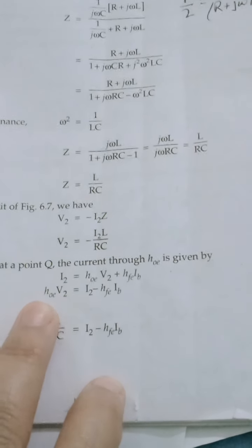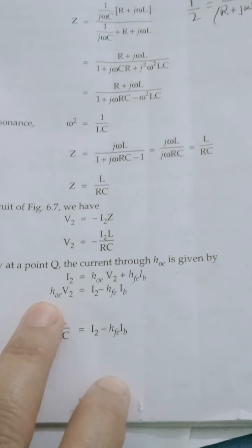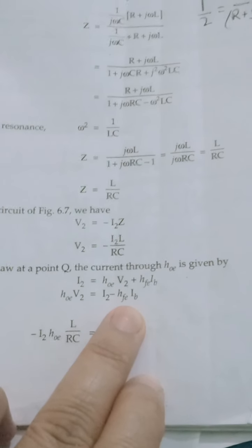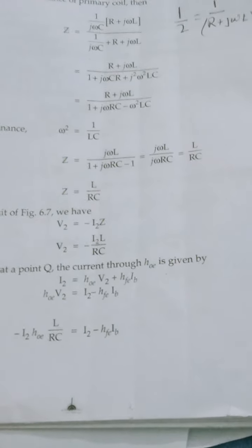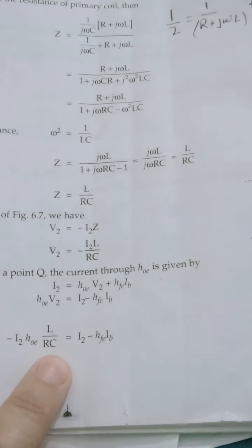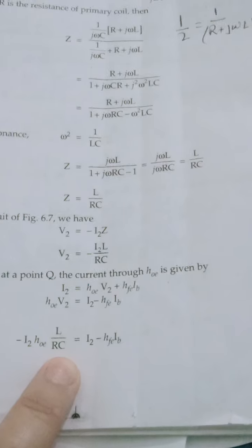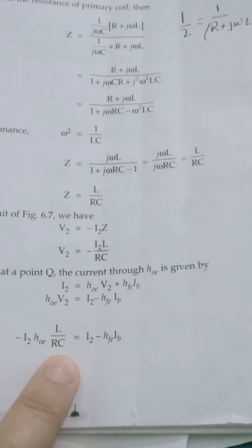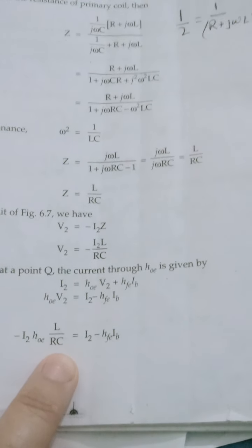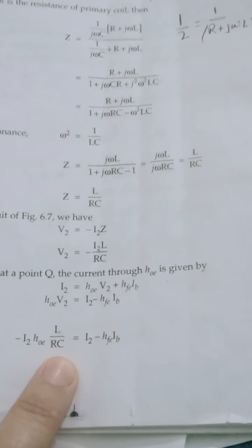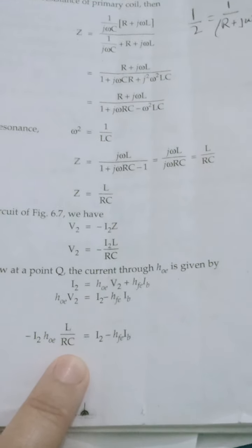So here we are rearranging the terms. HOE into V2 is equal to I2 minus HFE IB. Further here we put the value of V2, and after putting this value we get I2 HOE, because my V2 is equal to minus I2 L upon RC.